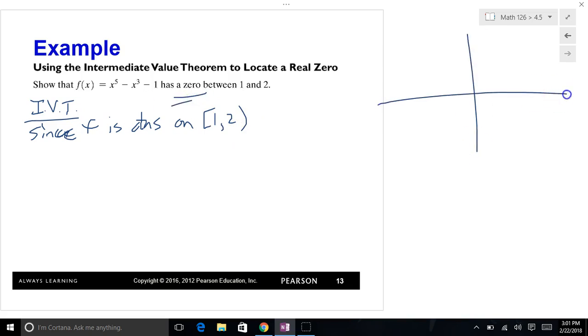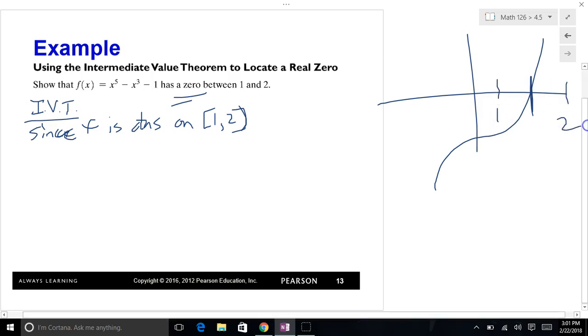I don't know what this thing exactly looks like, but we're trying to show that we're going to have a 0 somewhere between 1 and 2. So we're either going from negative to a positive, or maybe it's vice versa, from a positive down through a negative at 2. So we're going to restate this intermediate value theorem.